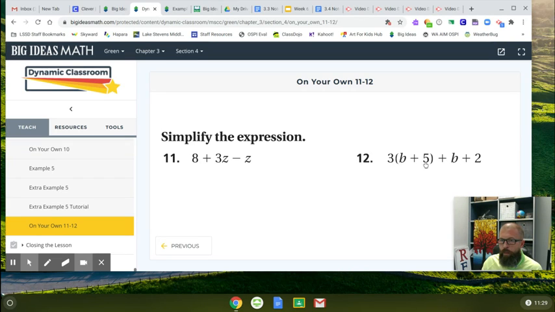Here we have 3 times the quantity b plus 5, so I need to distribute the 3 into here. So 3 times b is 3b. 3 times 5 is 15. Then I have 3b plus b, which is 4b, and then 15 plus 2, which is 17. So that ends up being 4b plus 17, and this one is 8 plus 2z.